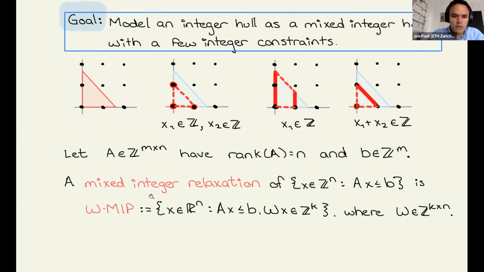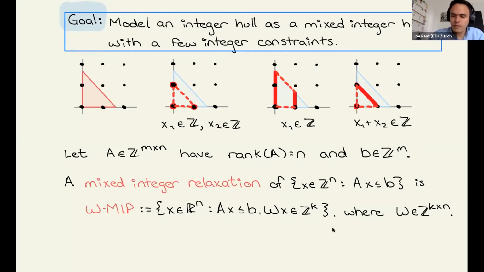So the main object that we use is this notion of a mixed integer relaxation. Okay, and so all of these red sets above, without the convex hull, these are all what I'm going to be calling W-MIPs, but you can just think of them as the points inside of some polyhedron that also satisfy some linear forms that we require to be integral.